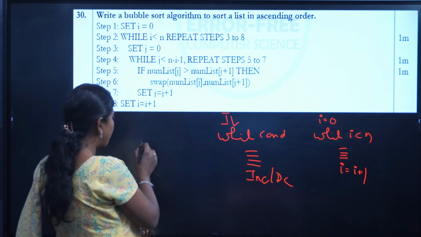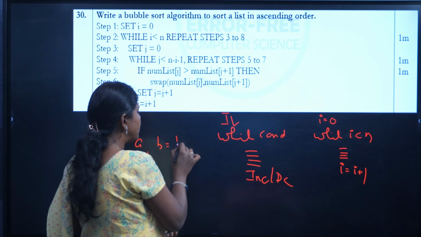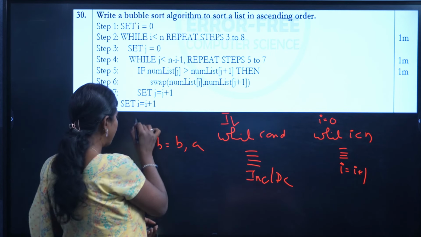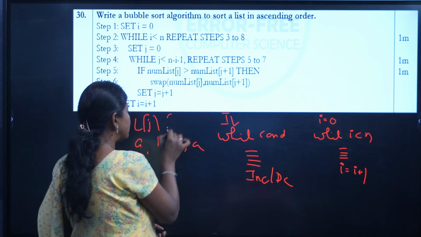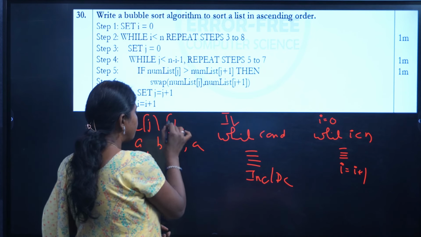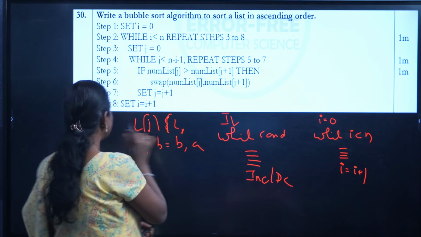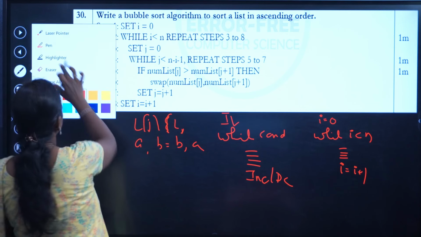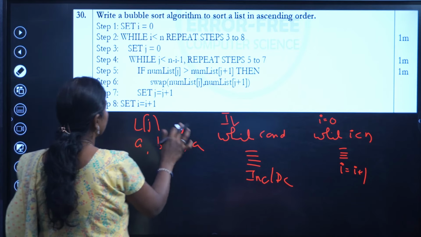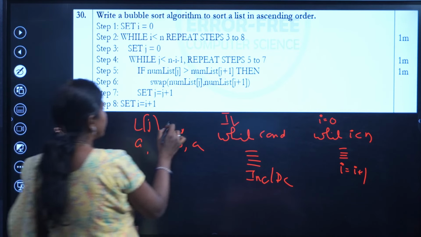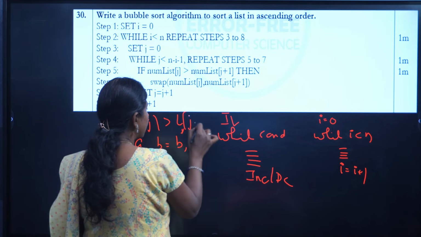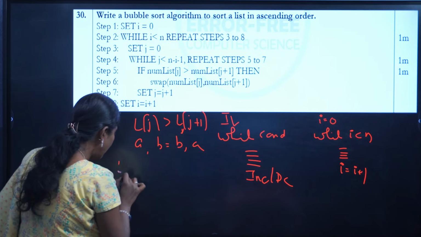How would I swap it? I told you A comma B is equal to B comma A. I'm comparing L of J with L of J plus 1, and I have to swap them. How will I swap it?